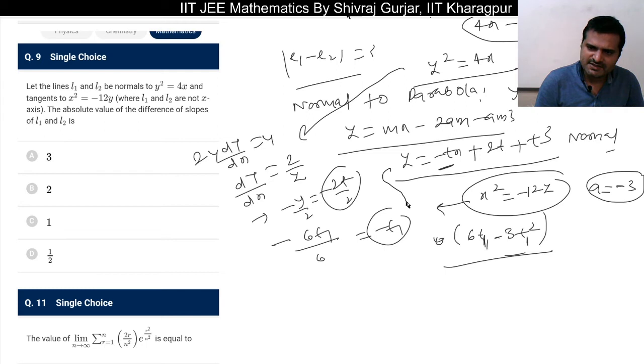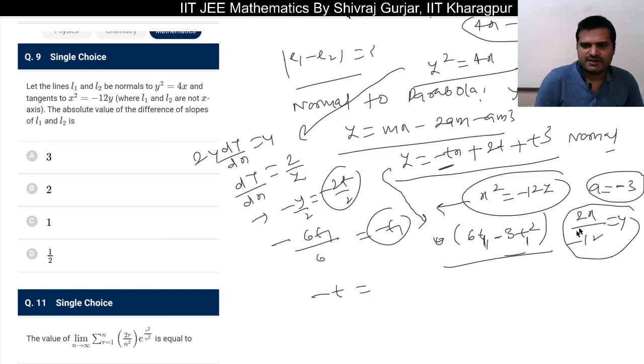This line is tangent to this, and the slope of it is minus t. We can also do it this way: the slope of the tangent is 2x divided by minus 12. And x is 6t1, so this is basically minus t1.